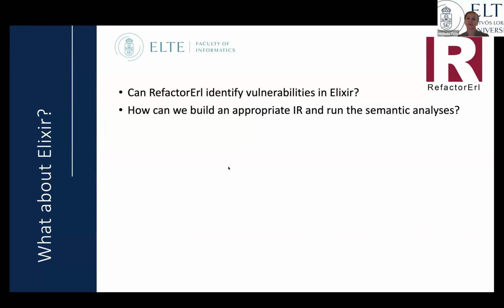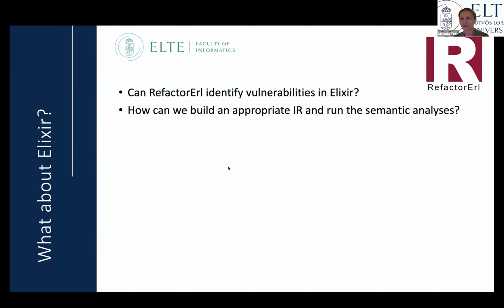So whenever you want to do something for a programming language, you have to analyze the source code, build an appropriate representation, and build an analyzer framework that is designed and built according to the semantics of the language.